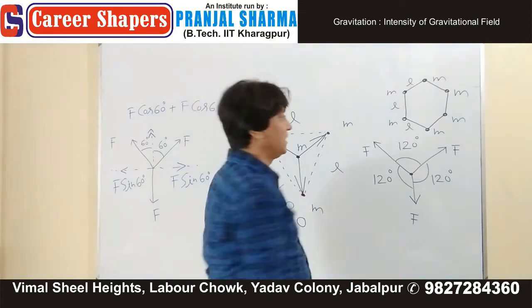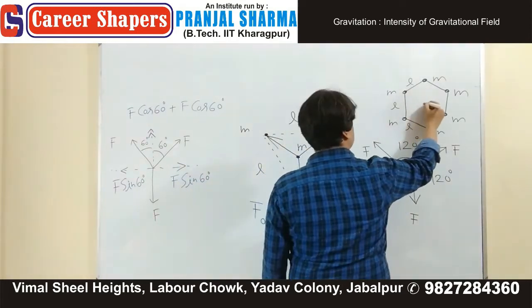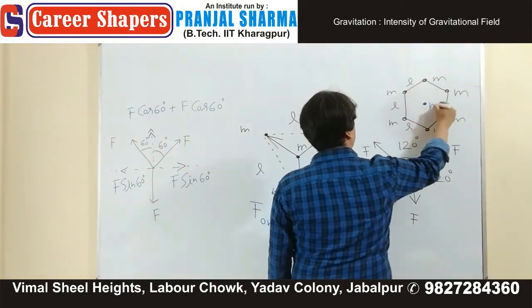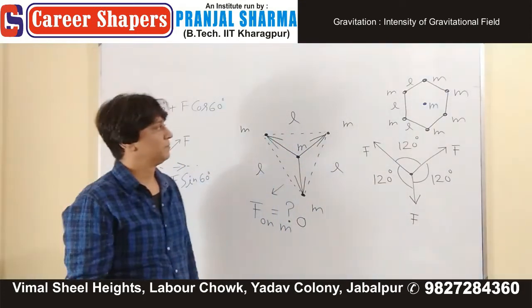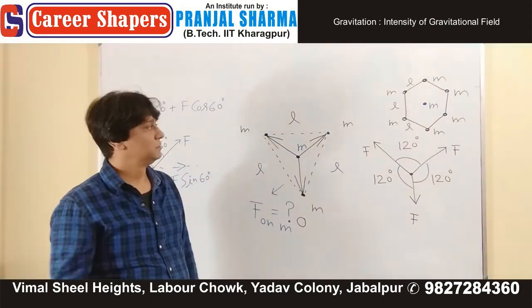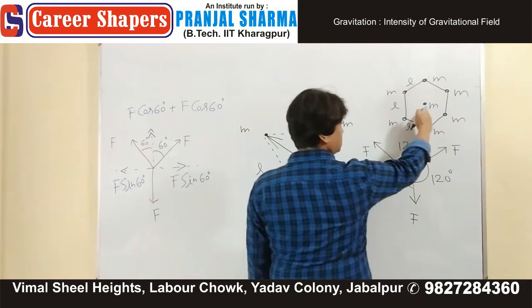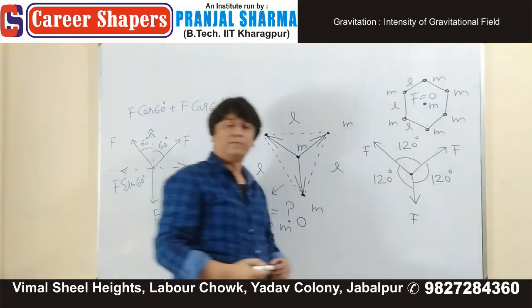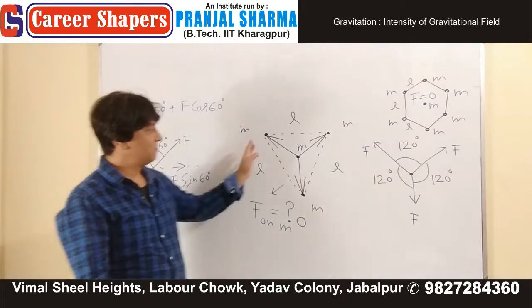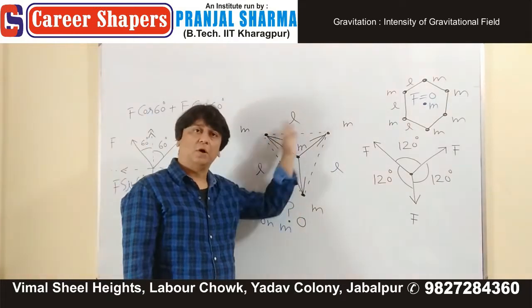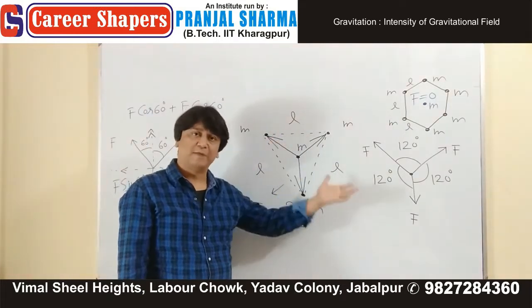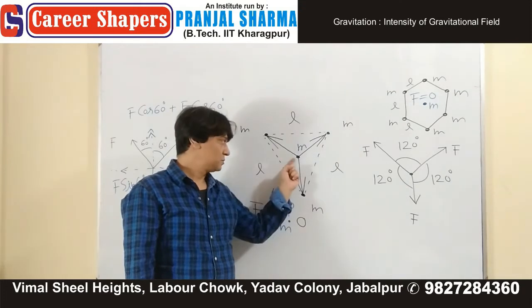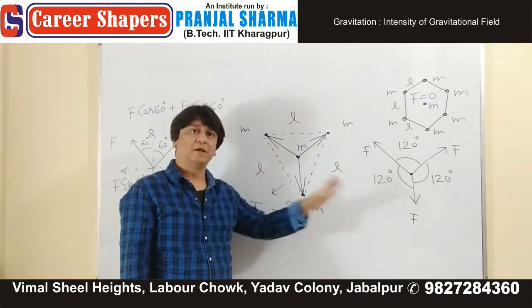The question is to find out the force at the center. If a mass is placed at the center, then again the force on this will be 0. As long as you have a regular structure with all arms of the same length, the force at the center will be 0.